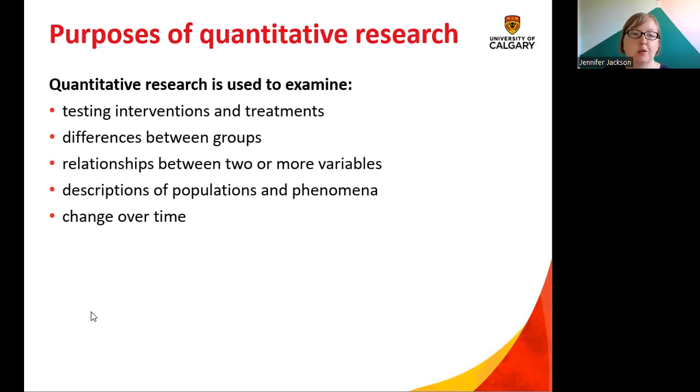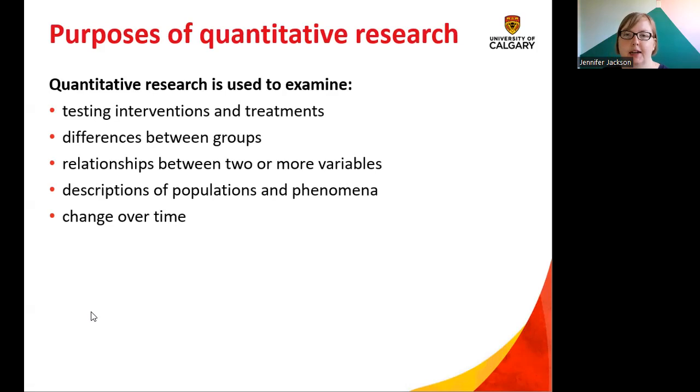We can also look at how different populations engage with phenomena. So looking at who smokes more, men or women or people with diverse gender identities. Which racialized groups are experiencing higher rates of heart disease. So we can try and look at different patterns that are happening in our populations.